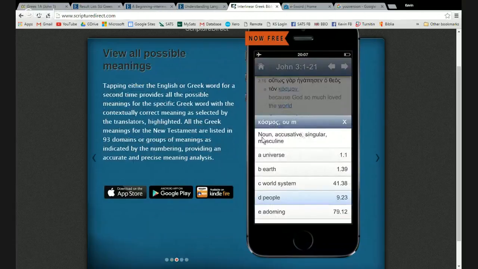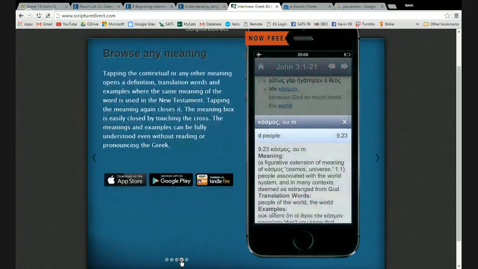If I tap on it again, it'll give me parsing information for that word and the definitions in the Louw-Nida Greek-English lexicon, which, as I said, is still highly regarded. And then you can look up the definitions under the various entries.